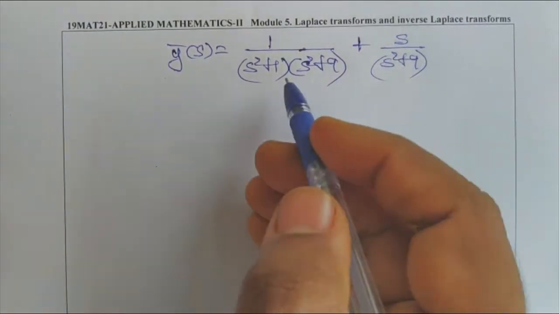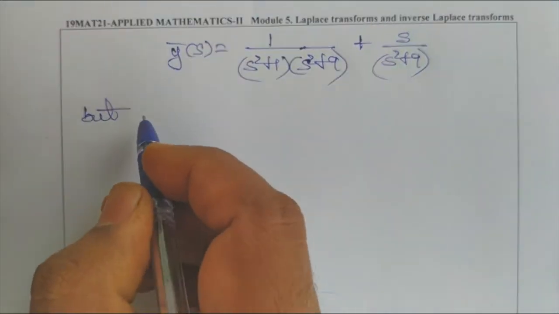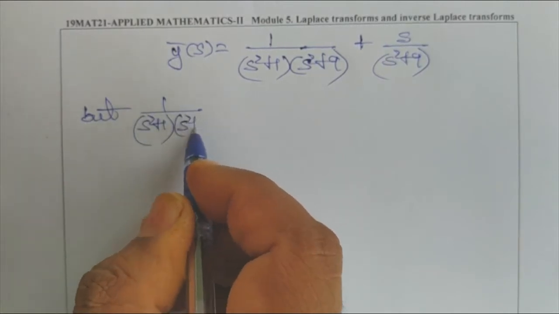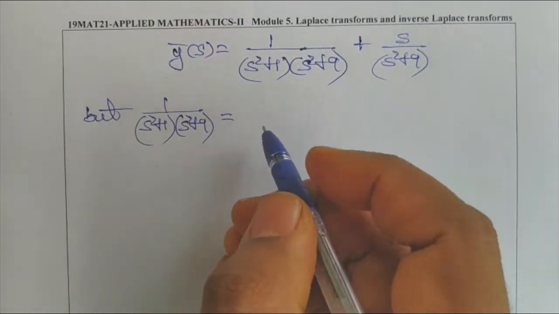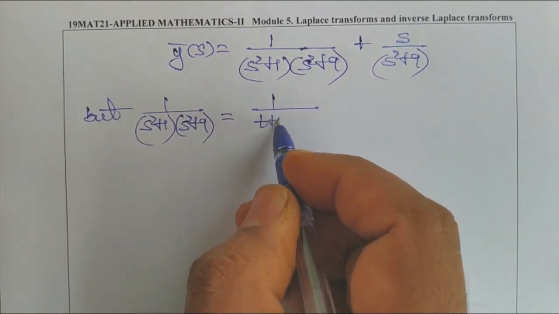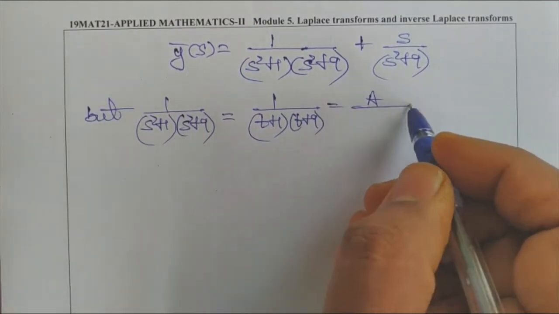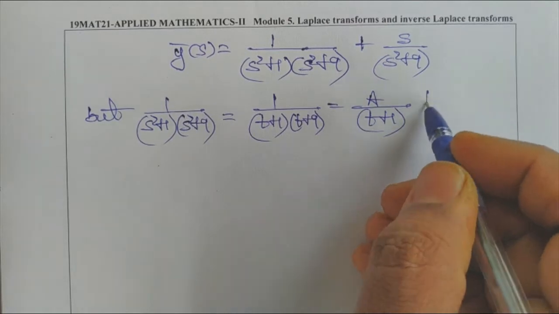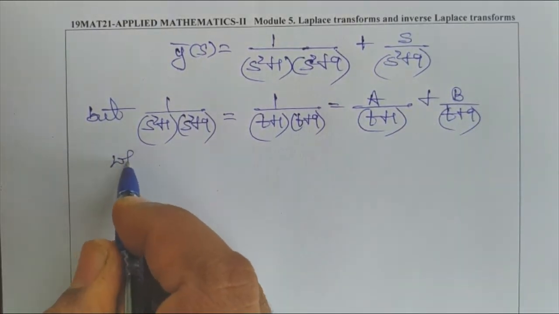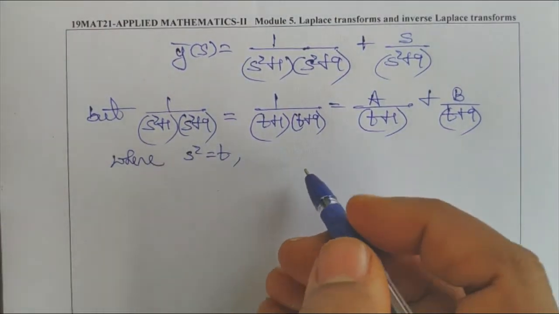This we can solve easily, but this one by the partial fractions method. We write 1 divided by s square plus 1 into s square plus 9 as 1 divided by t plus 1 into t plus 9, which is a divided by t plus 1 plus b divided by t plus 9, where s square is equal to t. Remember this.